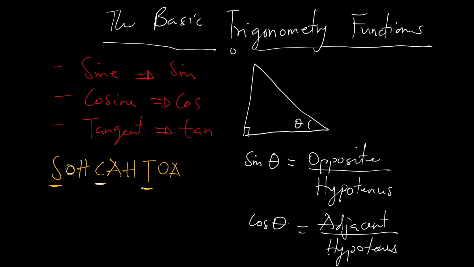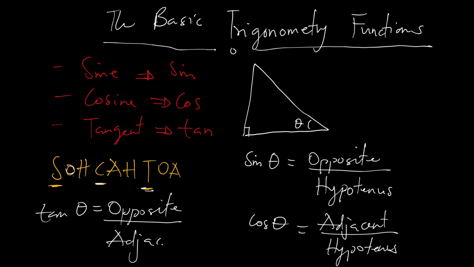And then T, which is the tan of our angle of interest, which is theta. So tan of theta will be equal to opposite over adjacent. So this is what this term means.